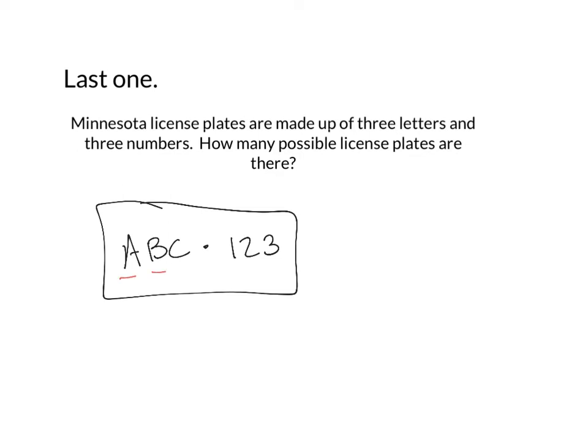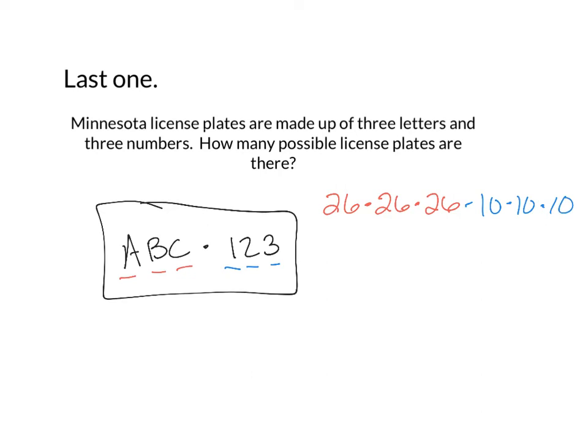Let's talk about each number. We can repeat. So there are 26 letters, so we're going to do 26 times 26 times 26. Already you can tell we're going to have a really big number. Then numbers, we've got 10 numbers, 0 through 9. So we've got 10 times 10 times 10. So like I said, this is a big one.